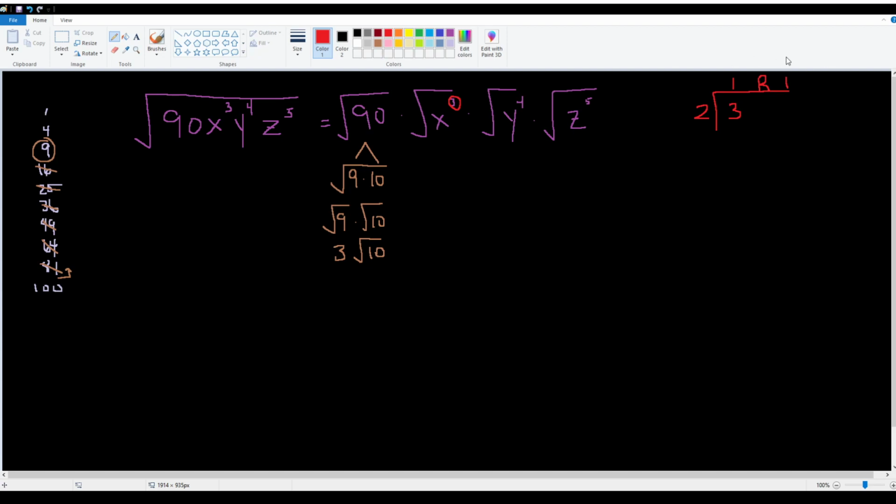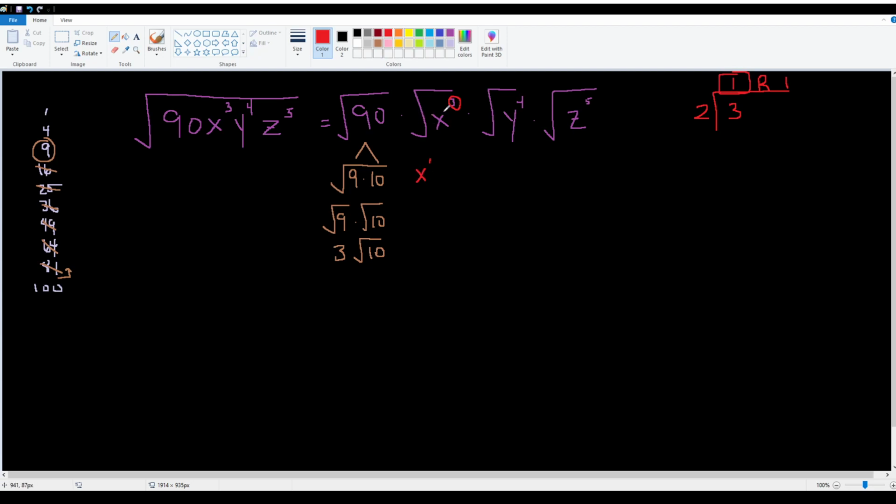So what this means is, whatever this number out here is, this is going to be the exponent of what is on the outside of the radical. In this case, we have the square root of x to the third. On the outside of the radical, I'm going to put x to the first power because of this number right here.